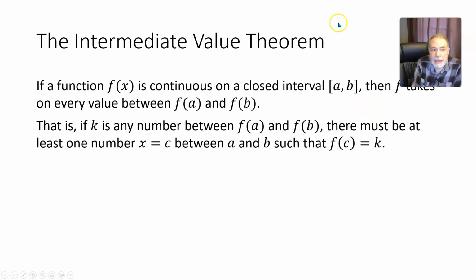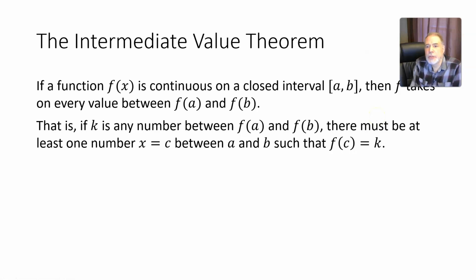Another way to say that is, if k is any number between f of a and f of b, there must be at least one number c, one x value c, somewhere between a and b, such that f of c equals k.